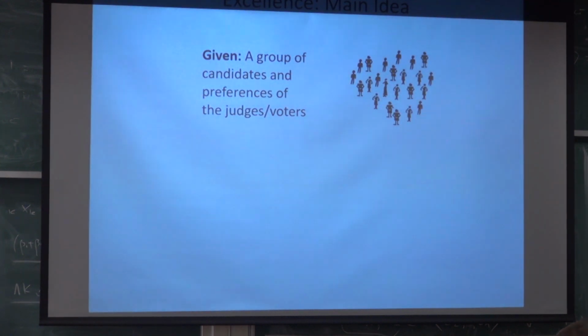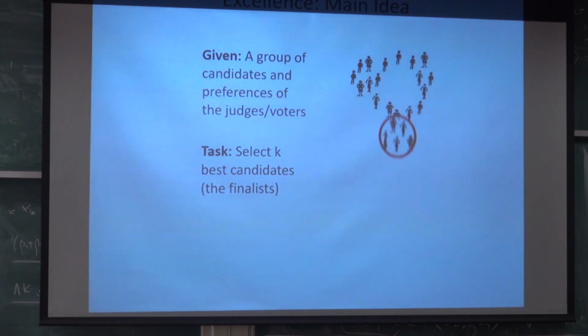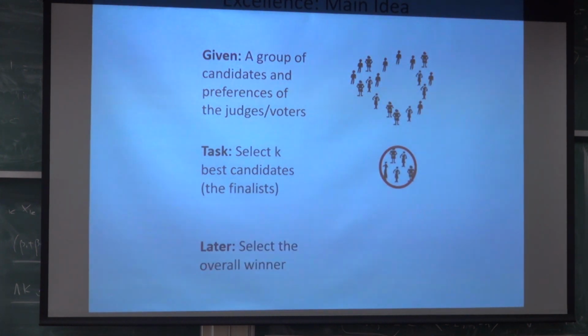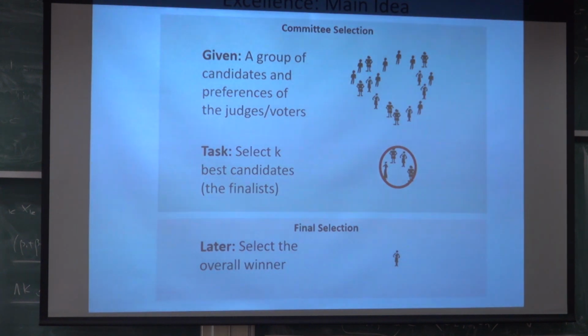What we're after is, we're given a group. We have some preferences of judges, voters. We need to select the K finalists. So we're selecting K finalists out of the group, and we expect that later on, one of them will be chosen as a winner. However, we see this as completely different tasks. If this was choosing people, for example, to invite for interviews, if you're hiring someone, then this choice would be made based on their CVs, and we're getting people to come.